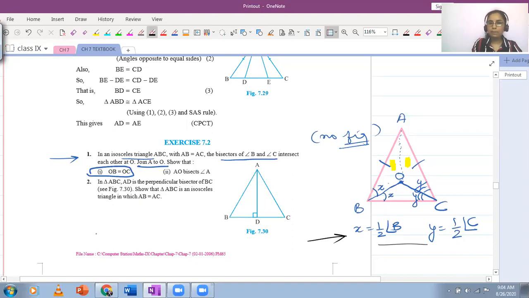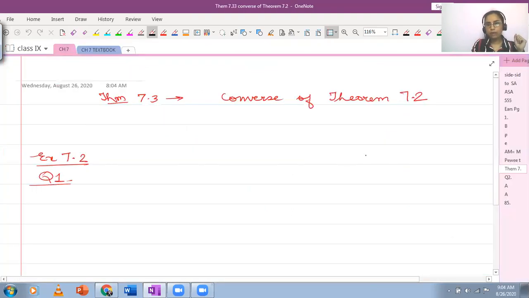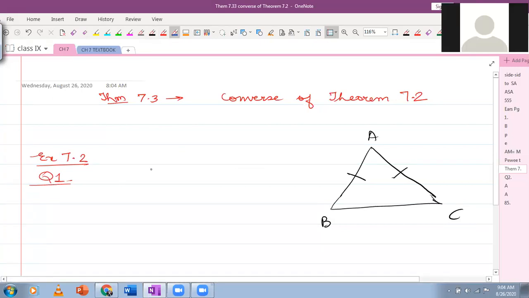So आपके पास एक बड़ा triangle है. I'll just draw the figure here and do it with you. So you have a triangle in which these two sides are equal. Yes? Some opposite angles are also equal.